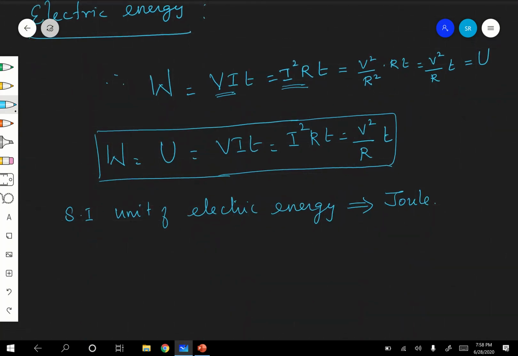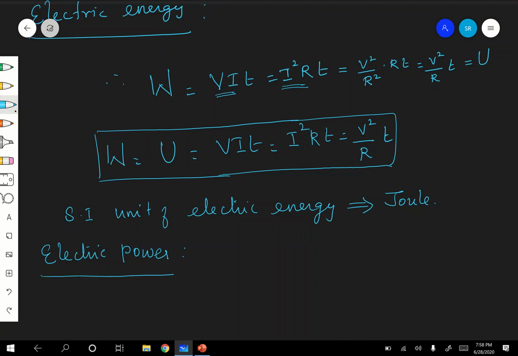Now let us go for electric power. What is electric power? What do you mean by electric power? Electric energy is the work done or energy supplied by the source in maintaining the current in the circuit. But now, what is electric power?